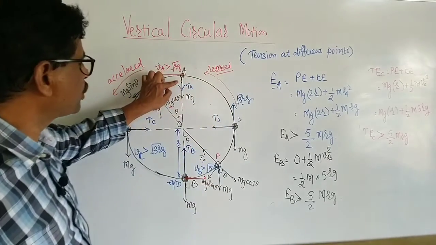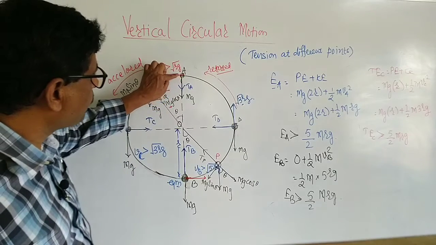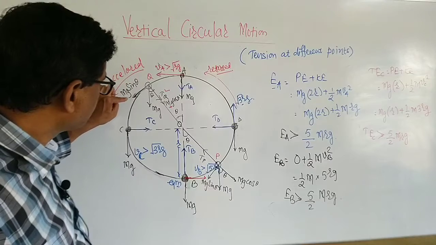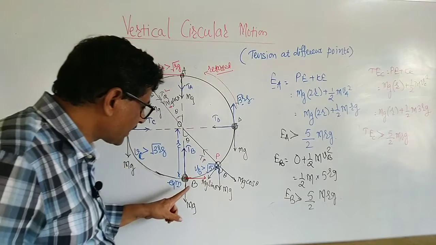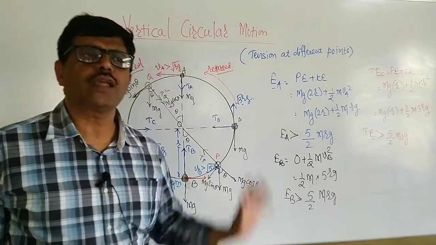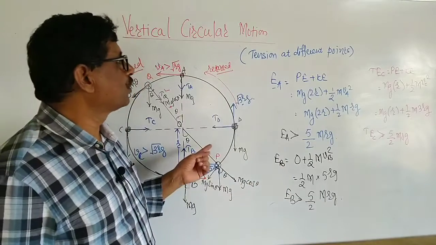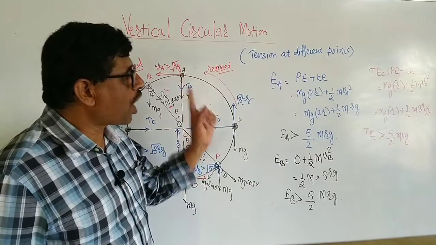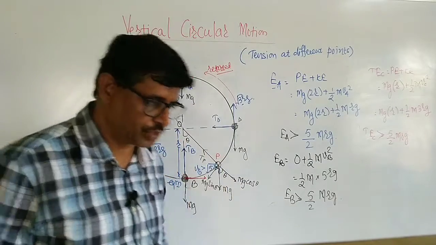At the top, potential is maximum and kinetic is minimum, and when it moves from top to bottom, there is conversion of potential to kinetic. Therefore, at the bottom, the kinetic is maximum and potential is minimum. This is all about how energy conversion takes place in vertical circular motion and how the tension varies in vertical circular motion. Thank you very much.